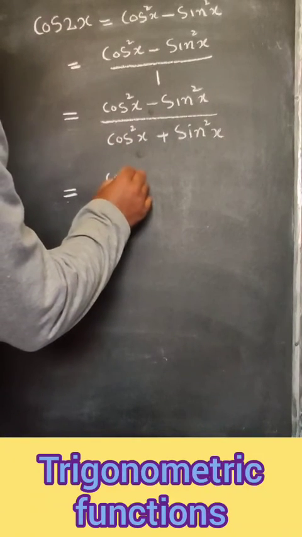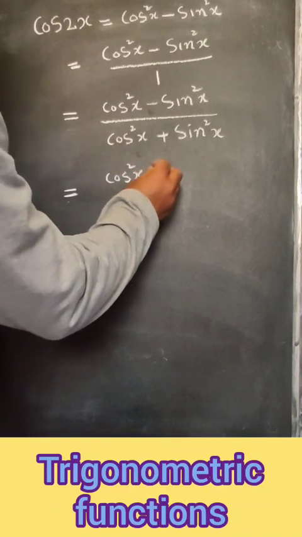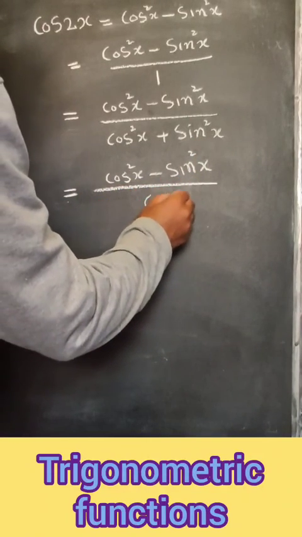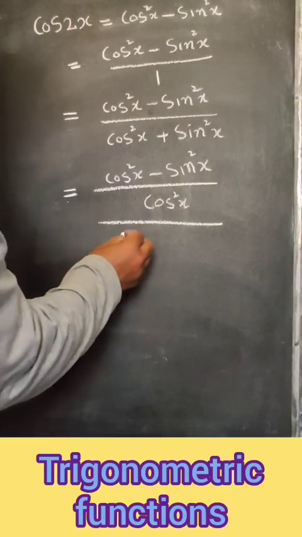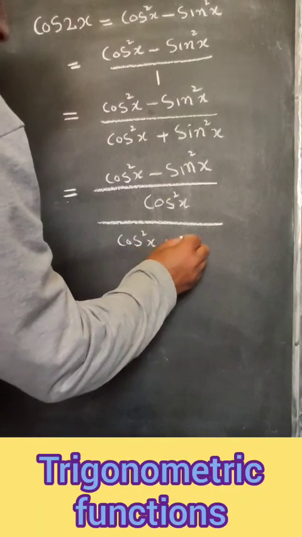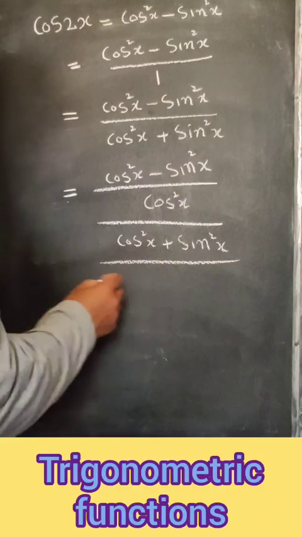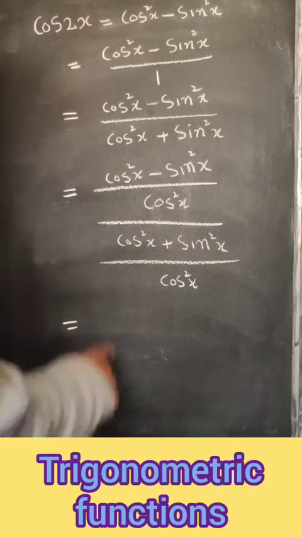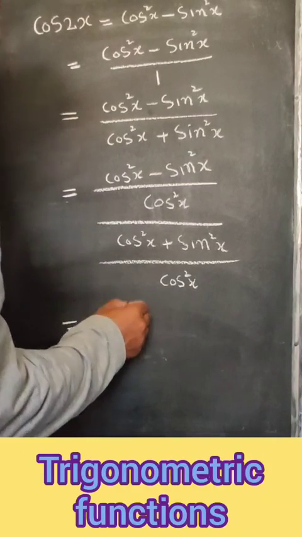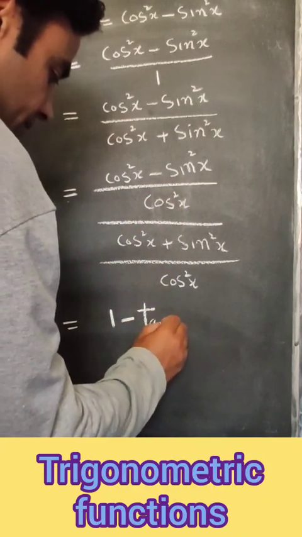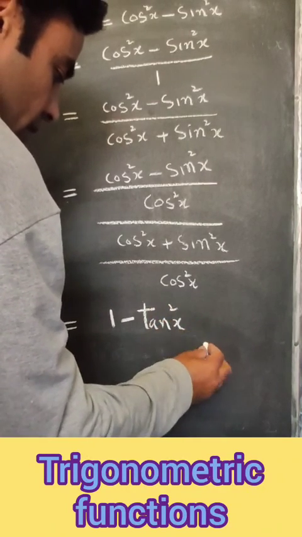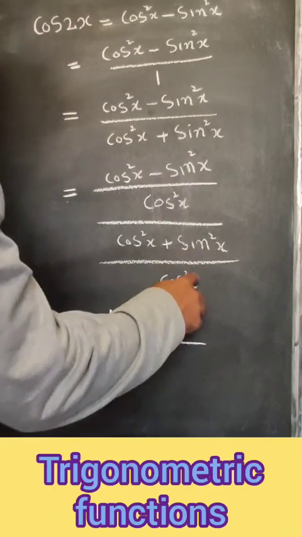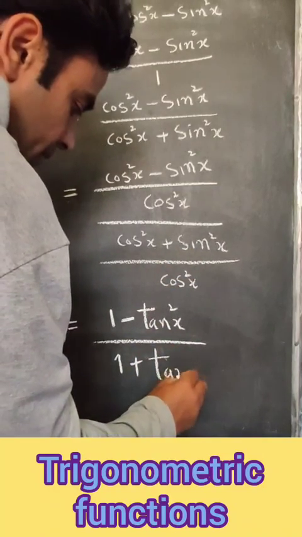So we get cos square x minus sin square x divided by cos square x, whole divided by cos square x plus sin square x divided by cos square x, which is equal to cos square x by cos square x, that is 1, minus sin square x by cos square x, that's tan square x, divided by cos square x by cos square x, that is 1, plus sin square x by cos square x, that's tan square x.